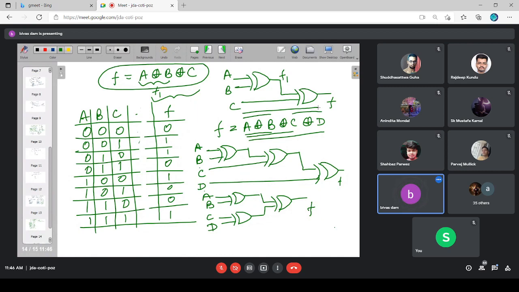In the first configuration, first go for A XOR B, then with that output you XOR C, then with that output you XOR D. That's the first configuration. In the second configuration, I have evaluated the XOR operation of A and B, then the XOR operation of C and D, and those two outputs I have XORed to find out F.